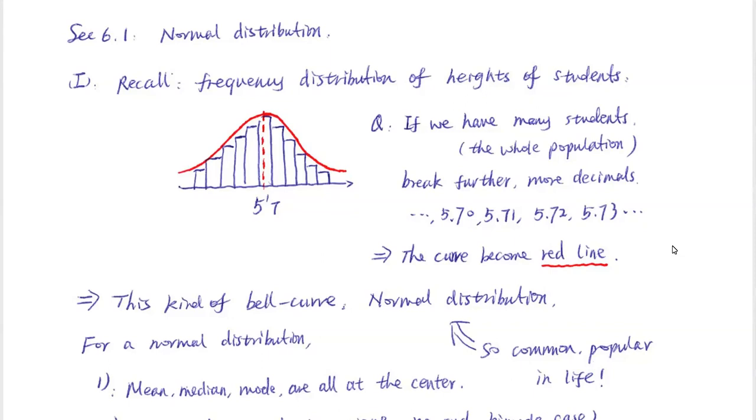For example, if we plot the height of each person in our class, we measure the height of each of us, and then I plot them using a histogram. I check how many people got 6.5 something, and how many people got 6.6, and then 6.7, 6.8, and so on. So I plot them using a histogram here.